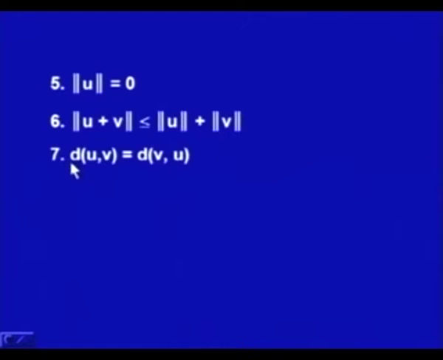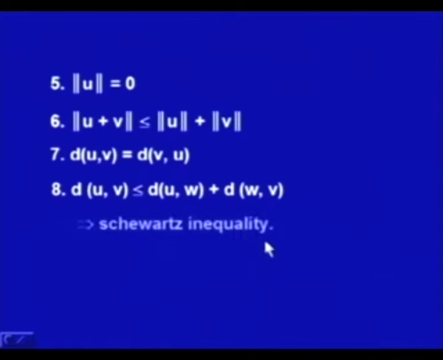Then we have d(u, v) equal to d(v, u), that means the distance between u and v and the distance between v and u are the same. And the eighth property is that the distance between u and v is less than or equal to the distance between u and w plus the distance between w and v. This is called the Schwarz inequality.